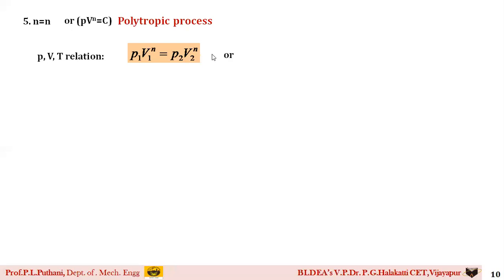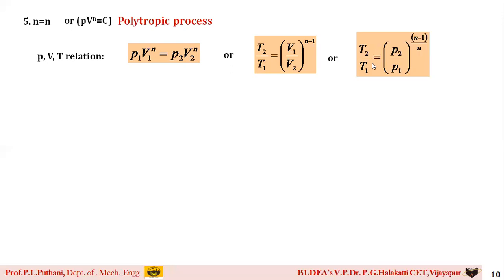Or in the form of temperature and volume, it is T2 by T1 is equal to V1 by V2 raised to the power of n minus 1. Or temperature and pressure ratios, T2 by T1 is equal to P2 by P1 raised to the power of n minus 1 by n. Here, the heat transfer, you cannot say it is 0, students. So please keep in mind, it is a polytropic process.